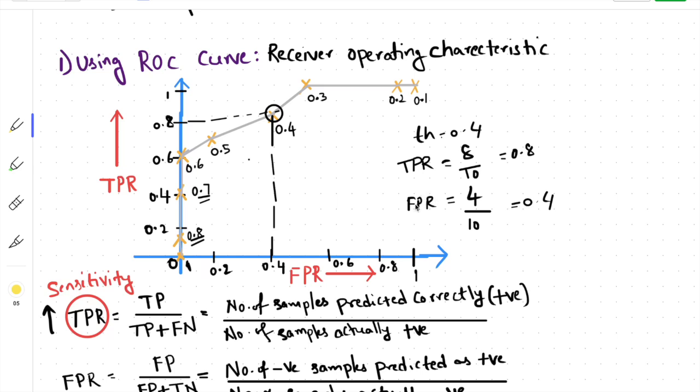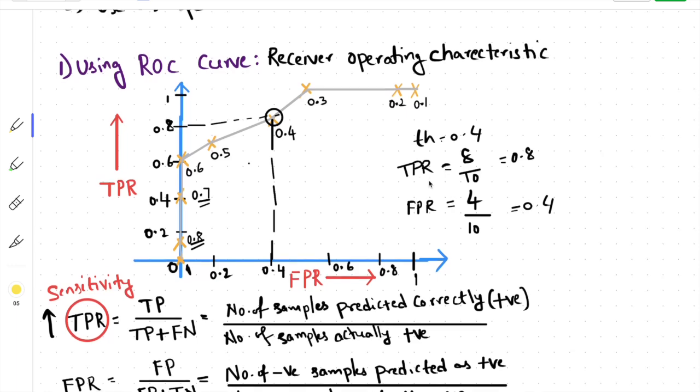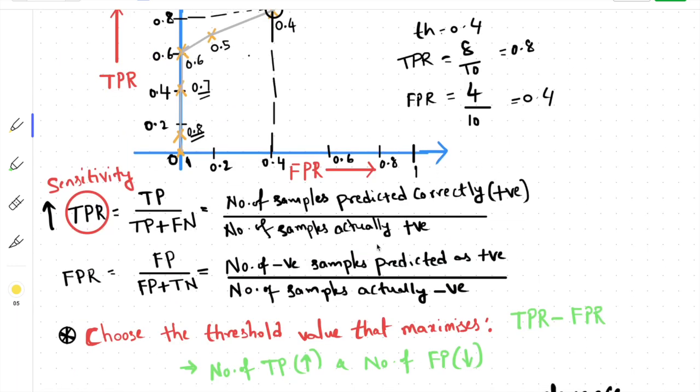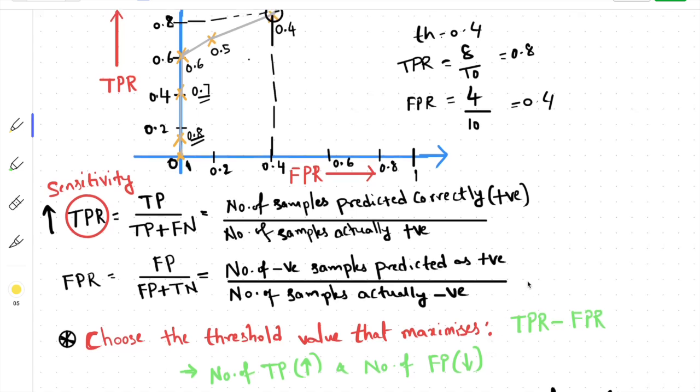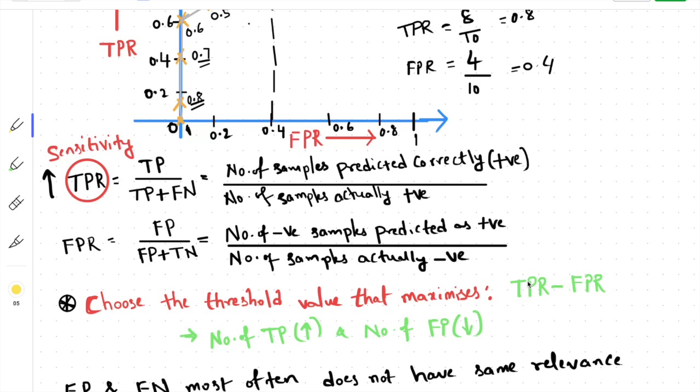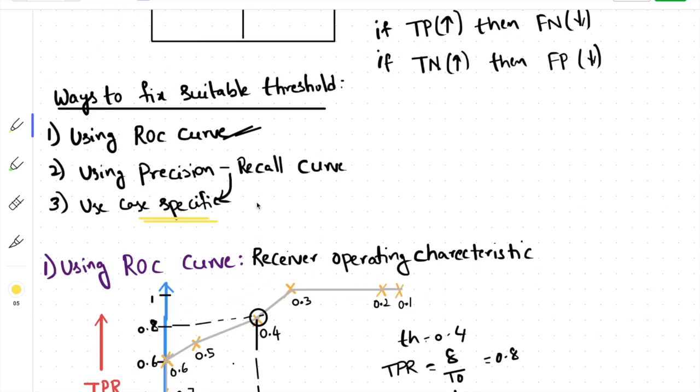So it's a trade-off. Generally, we have a rule for how to calculate the threshold: the threshold that maximizes the true positive rate minus the false positive rate. That means the threshold should increase the number of true positives and also reduce the number of false positives. That is one way to decide the threshold, using the receiver operating characteristic curve. Let's discuss the other two methods in the next video.